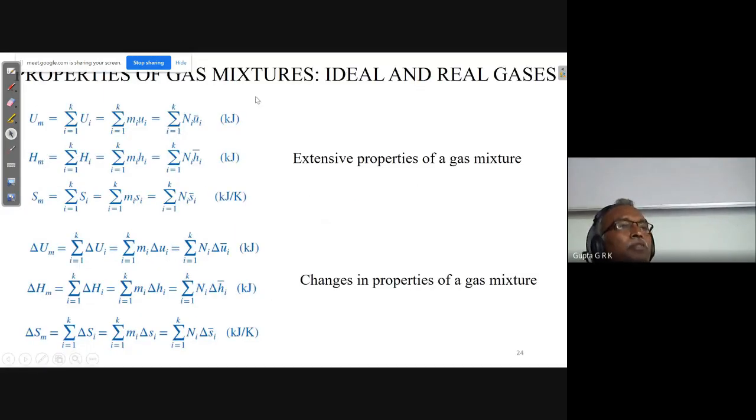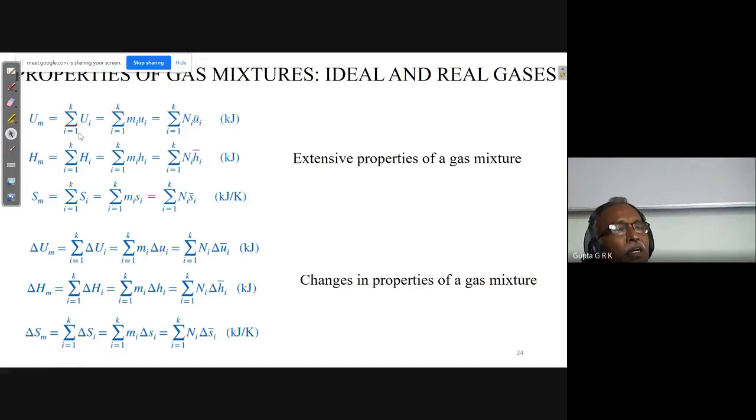And now the properties of gas mixtures, ideal and real gases. Real gases, I will do later. So coming to the properties of the gases, an extensive property is just the sum of the properties of the components. Suppose I have oxygen at some internal energy and nitrogen at some internal energy.